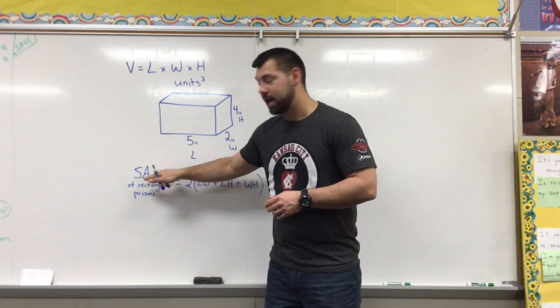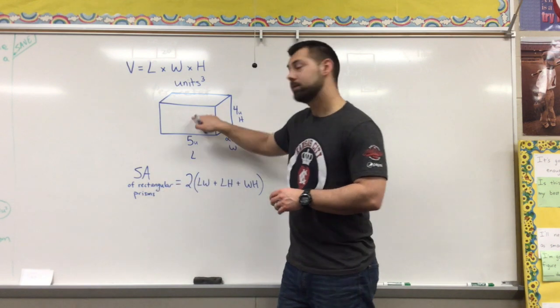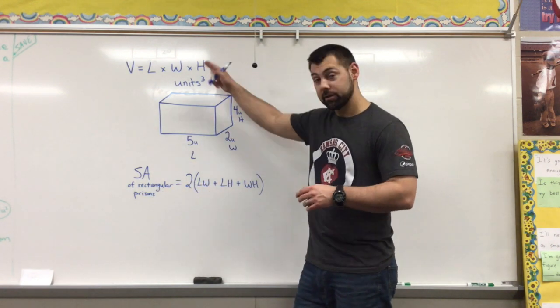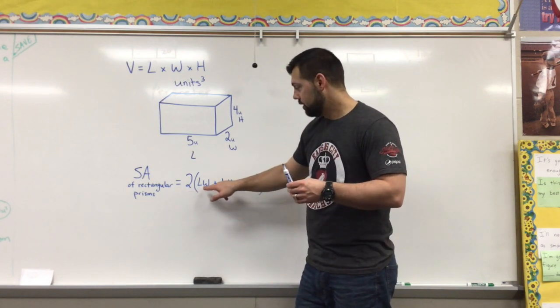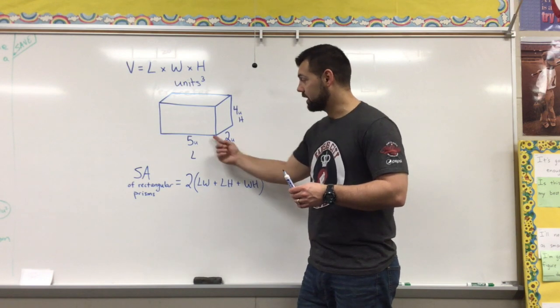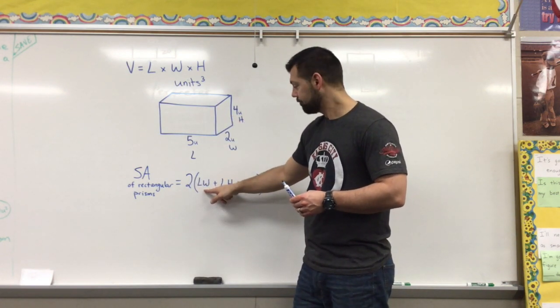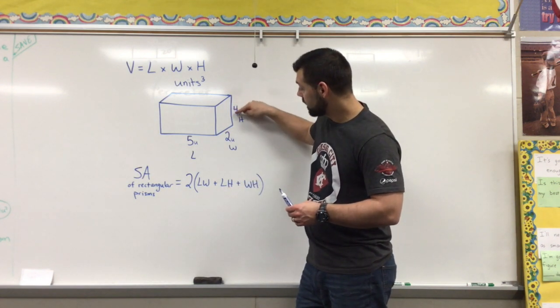So I just wrote SA for surface area, and specifically surface area of a rectangular prism, because that's what this is. So there's a formula for that, just as there was a formula for volume. I'm going to double, or do 2 times, the length times the width. That's going to give me the bottom and the top. 2 sets of length and width. The length times the height, here's the height, right?